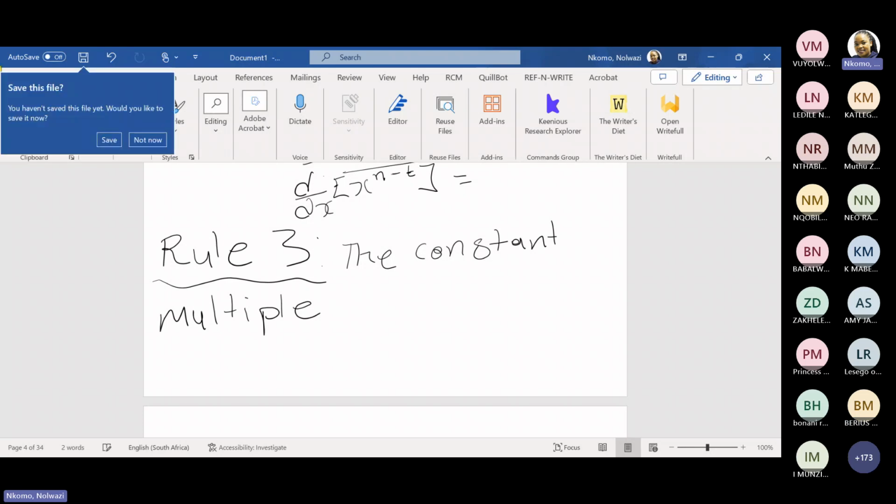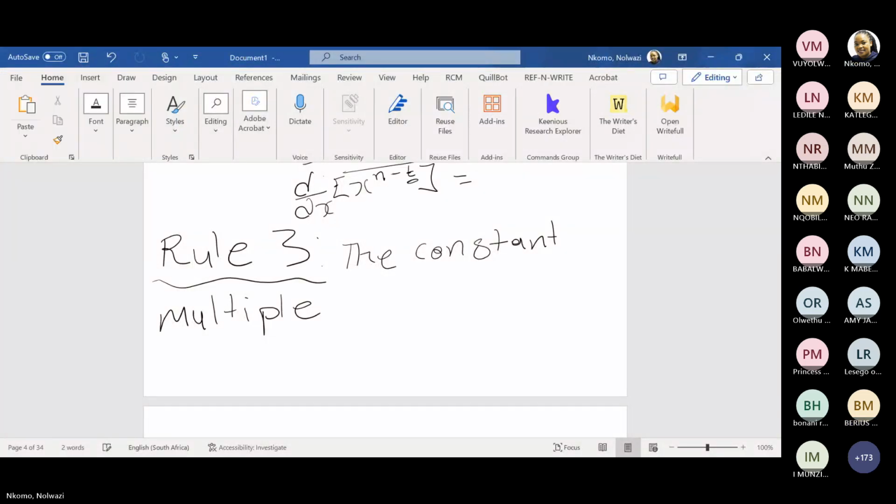Okay. We have different derivatives, right? We have ordinary derivatives and we have partial derivatives. If you are given something like this and told that t is a constant, you'll treat t as a number.